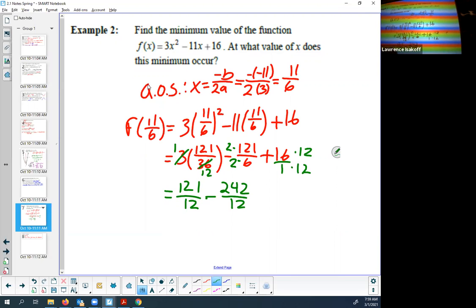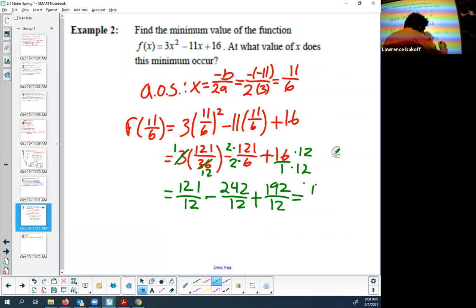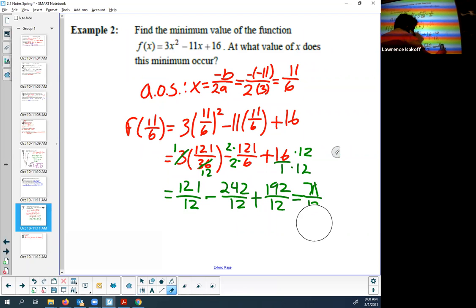And let's see, 16 times 12 will be plus 192 over 12. So let's see, 121 minus 242 is negative 121, plus 192 is going to give me 71 over 12.